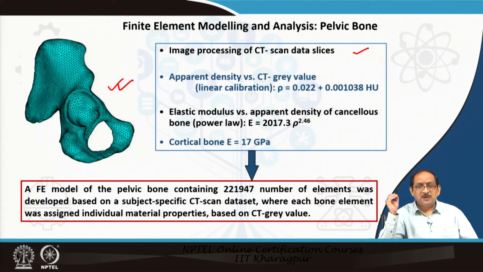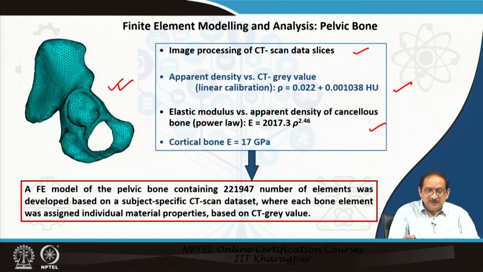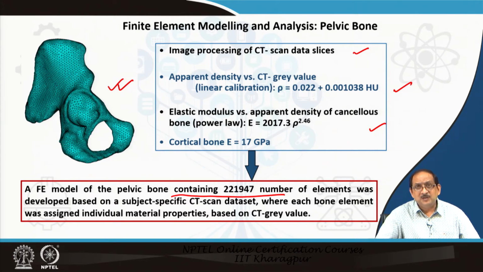The material properties of the bone elements can be assigned based on the CT gray value, and we have already discussed these aspects quite elaborately using the linear calibration and the power law relationship. We can assign Young's modulus to each and every bone element of the finite element model of the pelvic bone. Here you can see that the pelvic bone model contains 221947 elements.